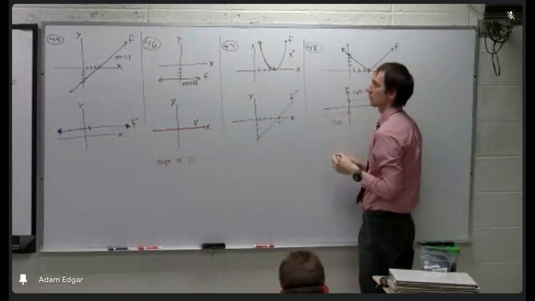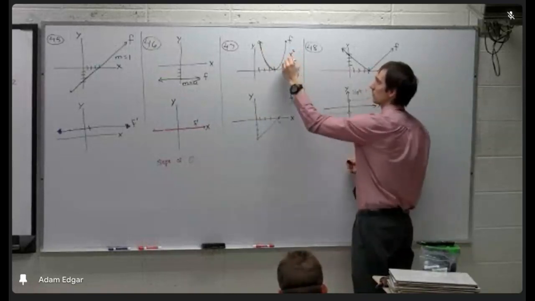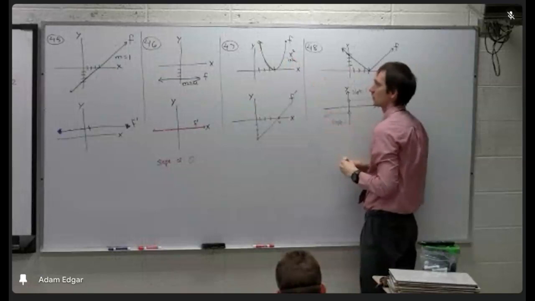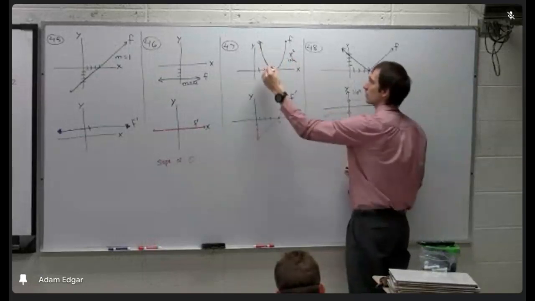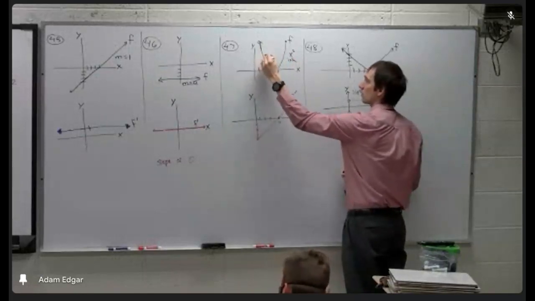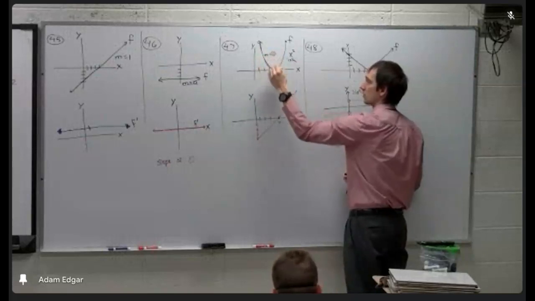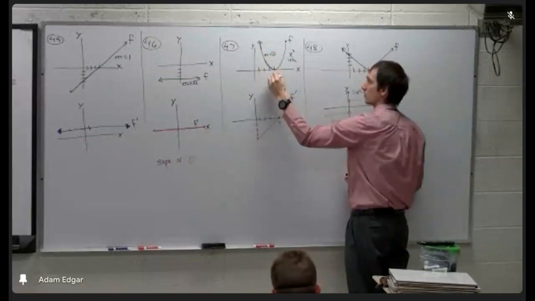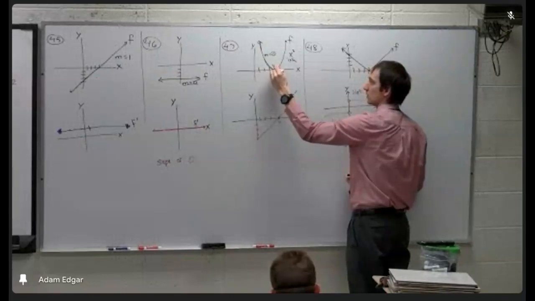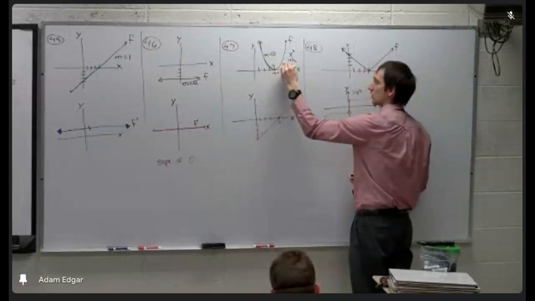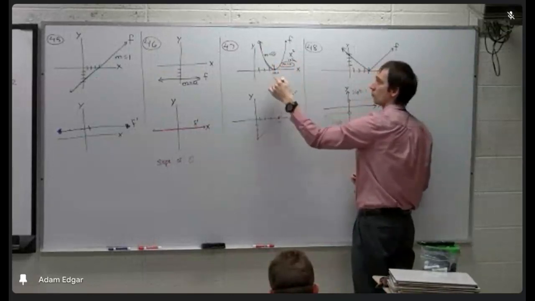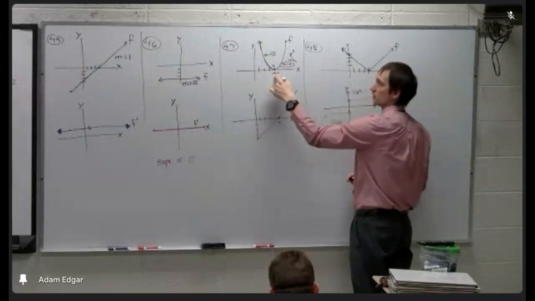And as the line is supposed to be 4, it becomes negative. And once it reaches the x-axis, and then it becomes positive as it goes up. So right at x equals 4, what's the slope? 0.